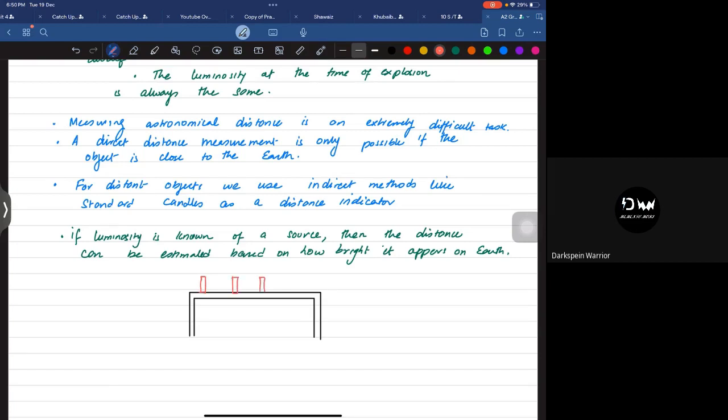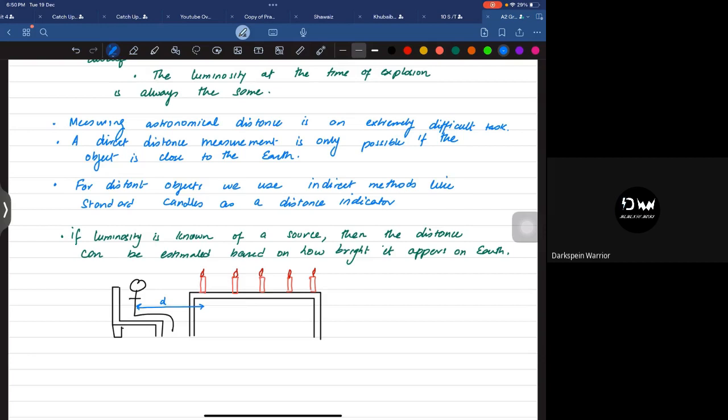They're all the same type of candles, and each candle is lit. And you're just sitting right here. So there's a person sitting here, viewing these candles from this side. His distance from this candle he knows is d.